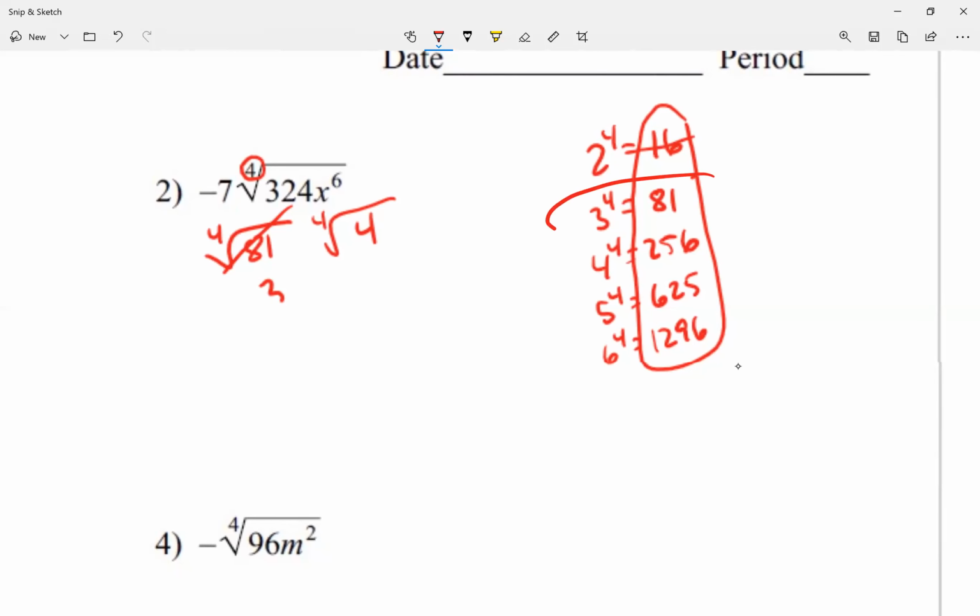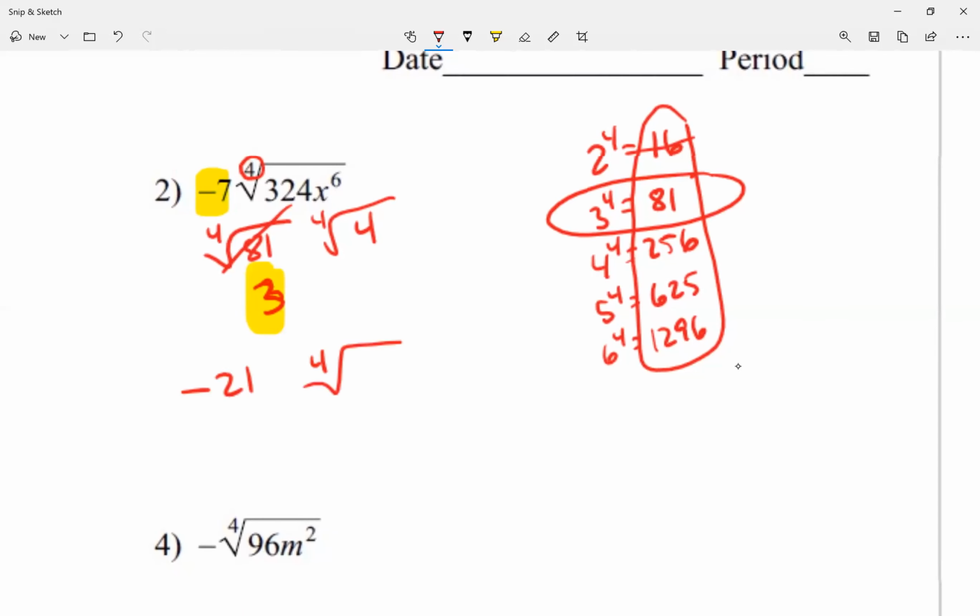You guys can see where I got that from. Now this 3 that just came out with this -7 that was outside, I'm just going to multiply those out. So I'm going to have -21, the fourth root of 4.